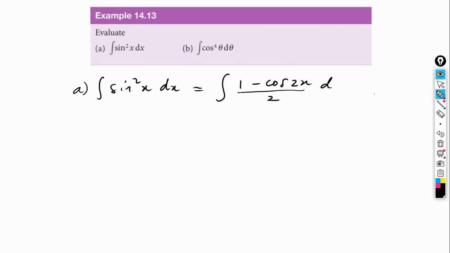And this is much easier to integrate because we can rewrite this simply as 1/2 times the integral of 1 minus cosine of 2x dx.